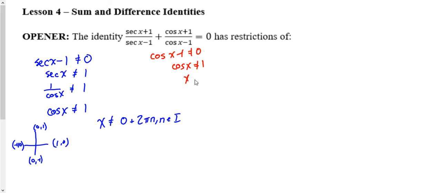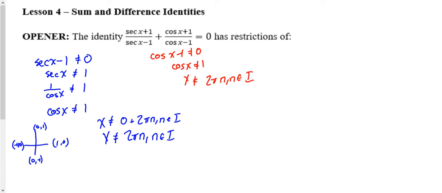So you'll have x cannot equal 2 pi n, where n is an element of an integer. So I could have cleaned up this equation as well so that these two look the same: cannot equal 2 pi n, n is an element of an integer down here. So these are the two most commonly seen restrictions.